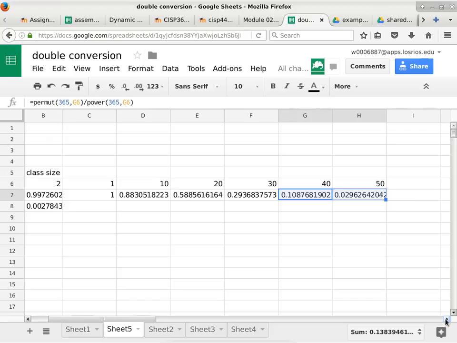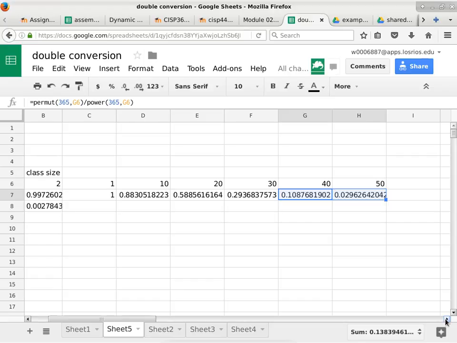It starts off as 1 and it drops off really fast as the number increases. But it won't get down to 0 until we get to 366. Because when you have 366 people in the class, and you only have 365 days to choose from, somebody's going to have a duplicate birthday, guaranteed. So it's impossible not to have duplicates in that case.